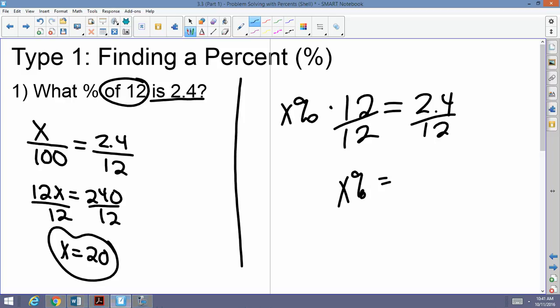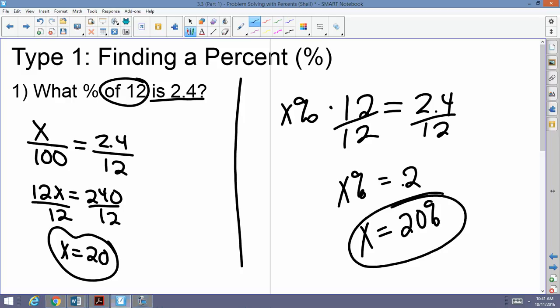X percent equals... it's going to be 0.2. But I want it in a percent, right? So X equals 20%, moving the decimal two places to the right. That should be a percent sign as well. Does that make sense, gentlemen?